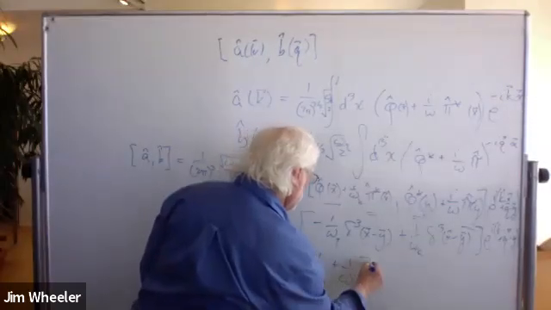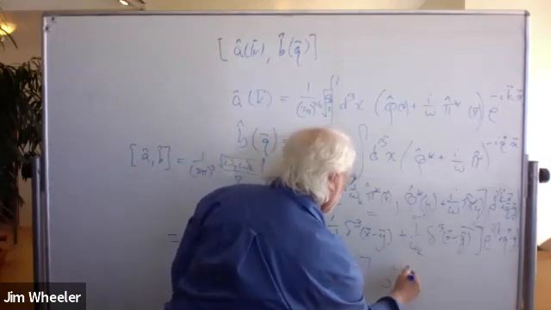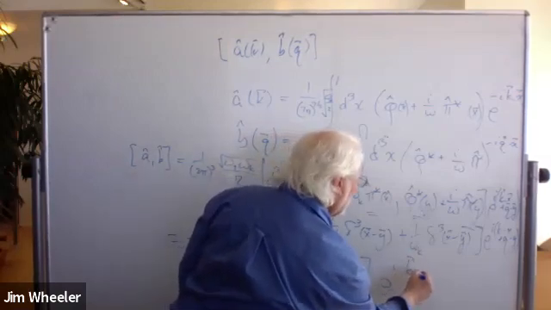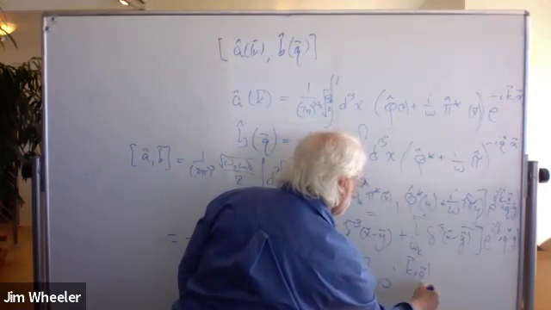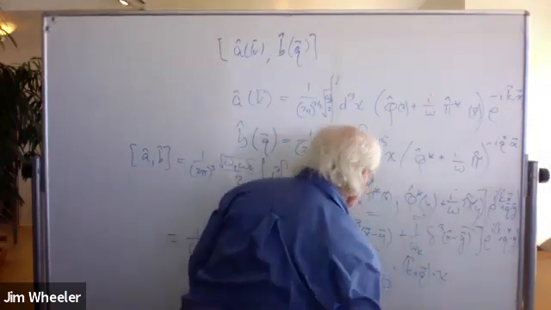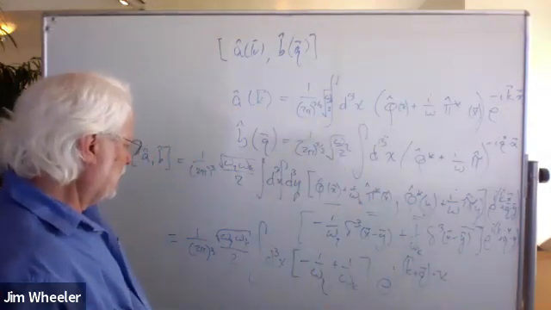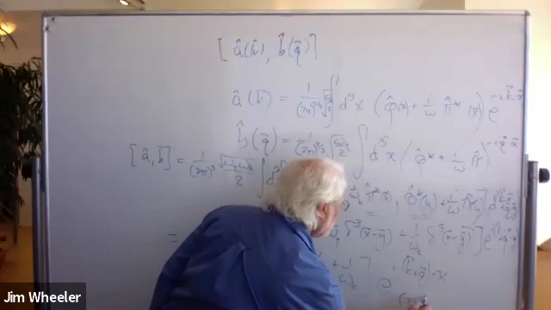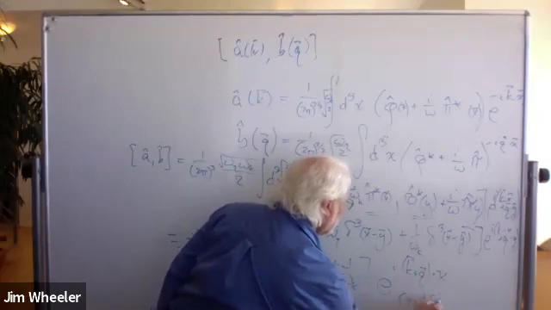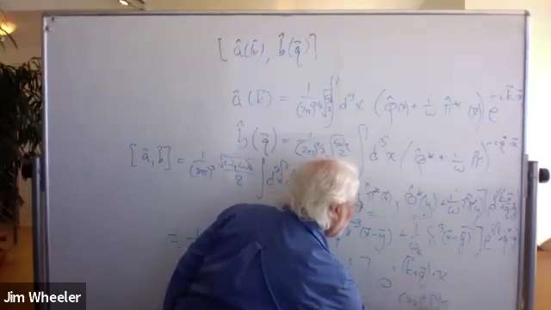No, I'm sorry, it is common, isn't it? 1 over omega k. Then we have e to the i k plus q dot x. Okay, so now the integral over x is going to turn this into 2 pi cubed delta 3 of k plus q.